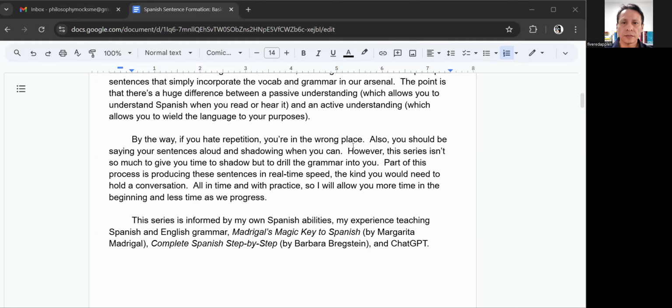Oh, and I say here, by the way, if you hate repetition, you're in the wrong place because I largely rely on repetition to instill the forms, to instill the vocabulary. Also, when you're prompted to make your own sentences, you should take that opportunity to say them aloud.